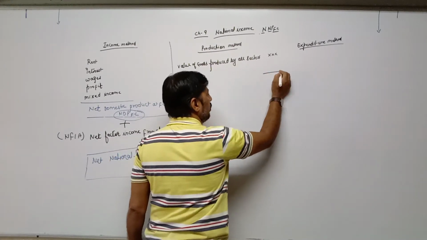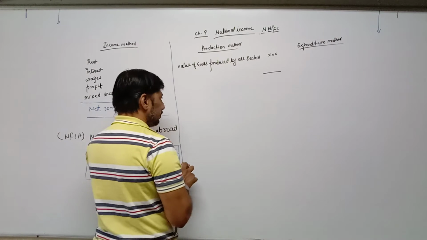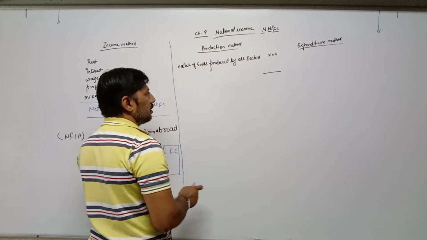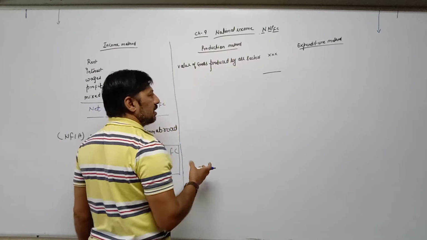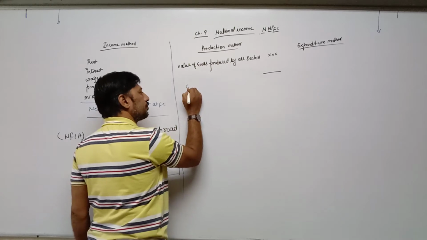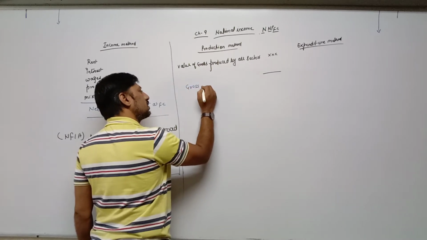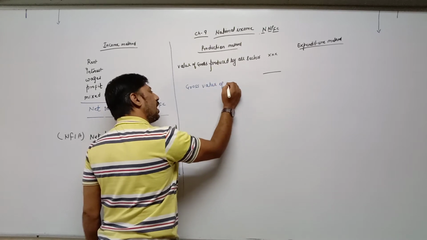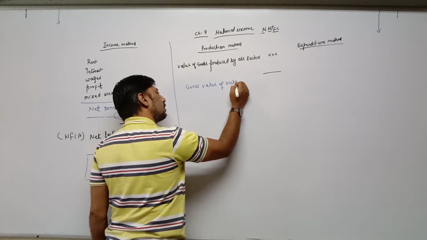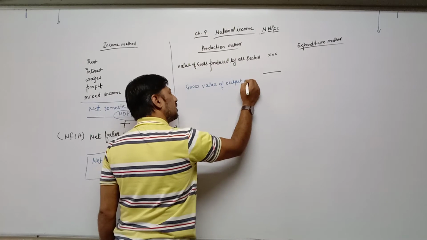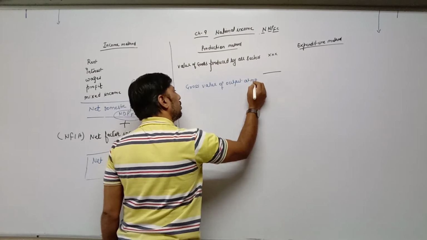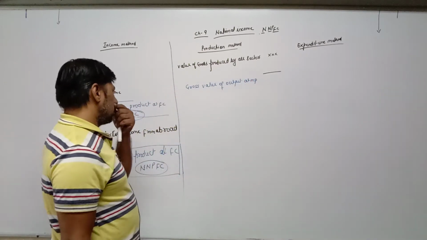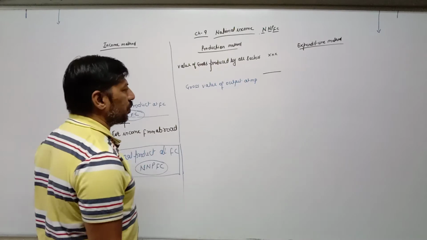It is equal to, when you add the goods produced by all sectors, then it is called gross value of output at market price. Gross value of output at market price.